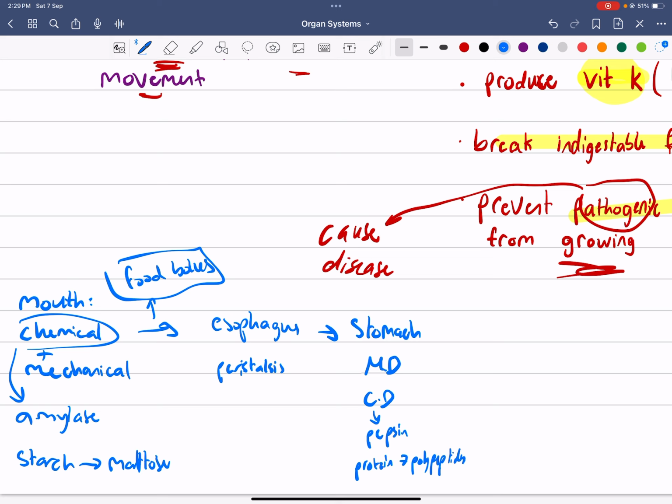And remember, in the stomach, we had an acidic pH. After the stomach, we have the small intestine, where we had also more digestion and absorption. And then finally, we reached the large intestine, where we also had some absorption of water and minerals and vitamins.